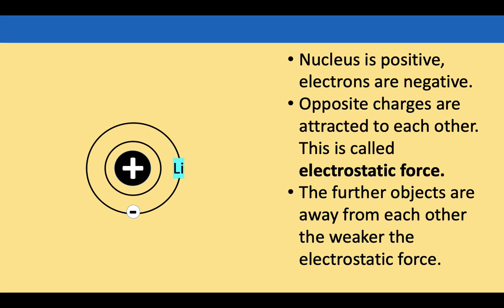Now I want you to imagine that shell becomes full, and I get to my next element going down the periodic table, which is sodium. And sodium's outer shell electron, can you see that it is further away from the nucleus than lithium's outer shell electron is? Okay, so because it's further away, those electrostatic forces from that outer shell electron to that positive nucleus are getting weaker.